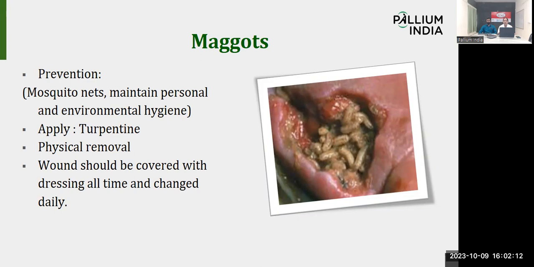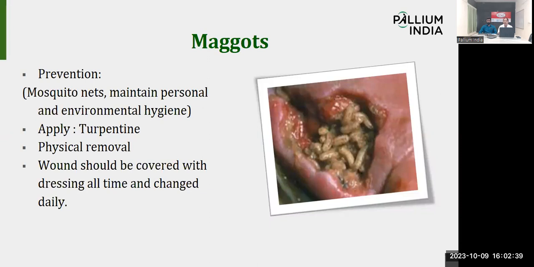You should not chase the maggots. That is very important. Whenever you see a maggot wound, you should not chase the maggots, because there are many small pockets in the wound, small houses built by the maggots. Whenever there is a disturbance in the wound, they will run along those pockets.